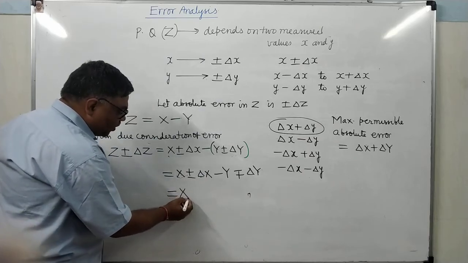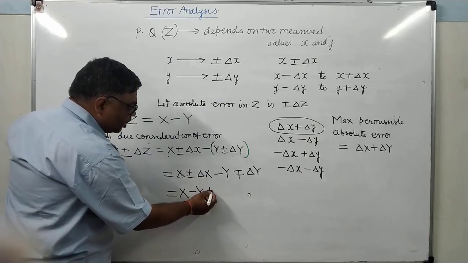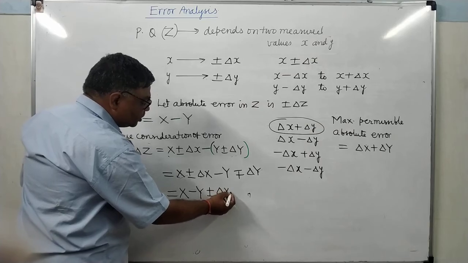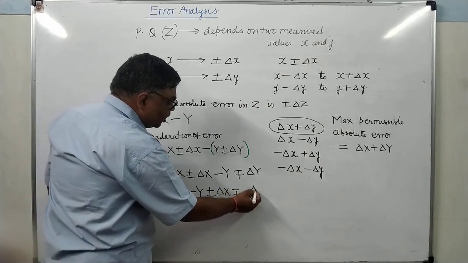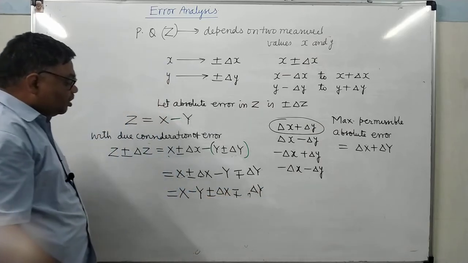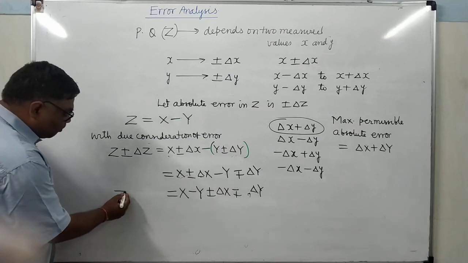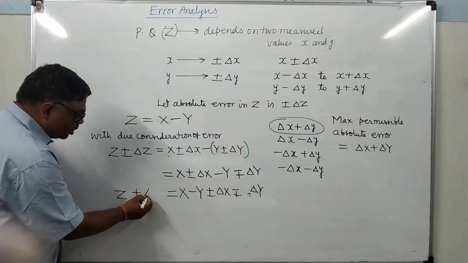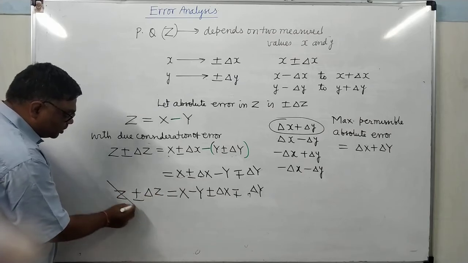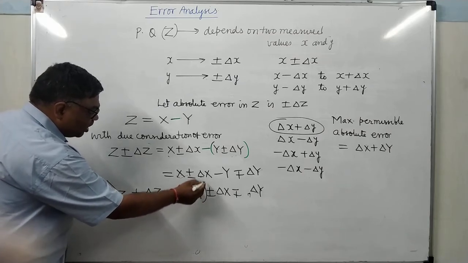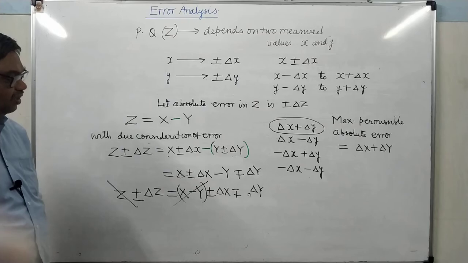On simplifying, x minus y, plus minus delta x minus plus delta y. So once again these two things will be cancelled, this z and this x minus y. It is clear from here.